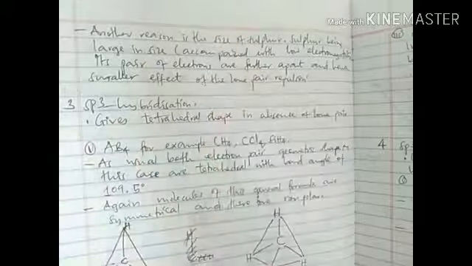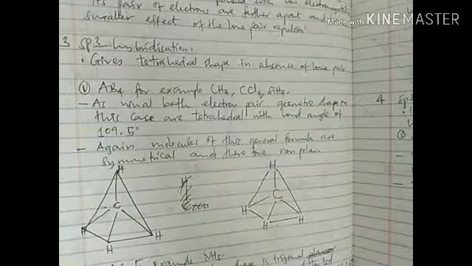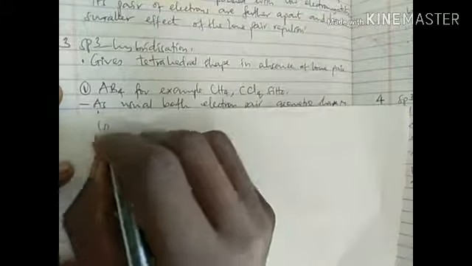Kwa hiyo from there let's go to see sp3 hybridized orbitals, and how they are changed in the presence of a lone pair. Kwa mfano hapa in sp3 tutakuwa na 4 bonds, hapa tunaweza kuwa na AB4, mfano ni methane.